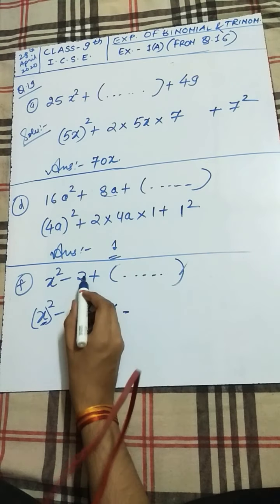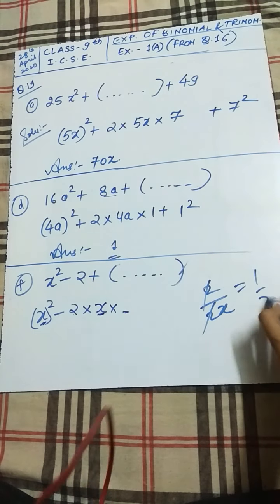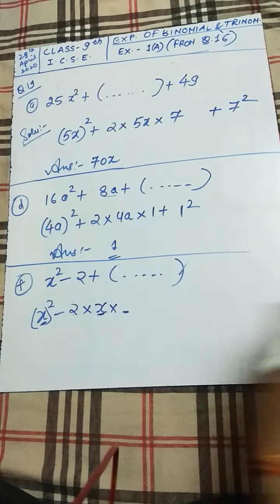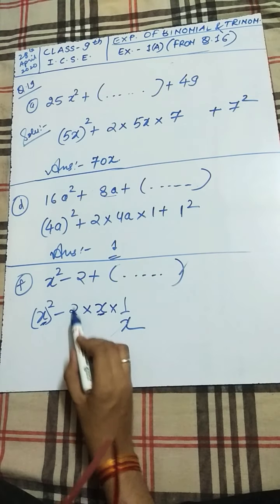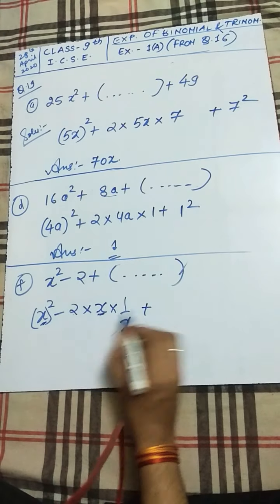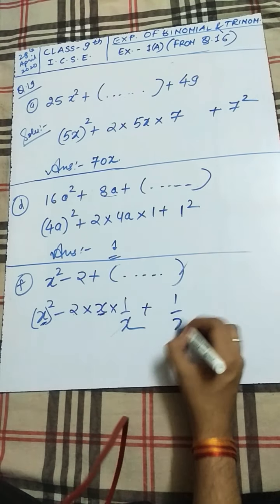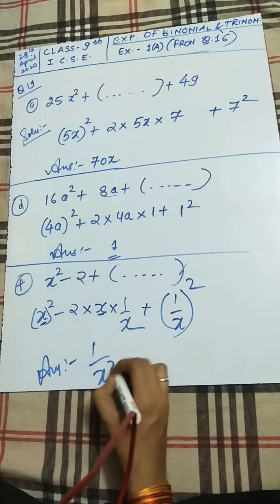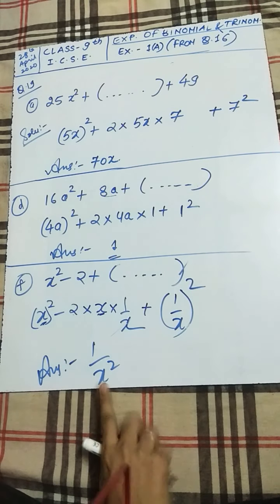I told you, divide this with this one: 2 upon 2x, 2 and 2 cancel, 1 upon x. You got 1 upon x, that means it is b. So into 1 upon x. See, if you cancel x and x, you will get 2 only. Plus, can you tell me what will be b square? 1 upon x the whole square. So what will be the answer? 1 upon x square. 1 square is 1, x square is x square.